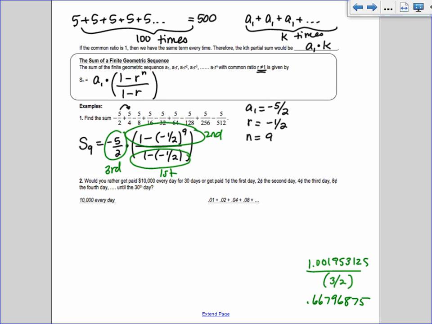Now I'm going to multiply by my negative 5/2. And when I do, I get S sub 9 is equal to negative 1.6699. I always try to get it as a fraction if possible.